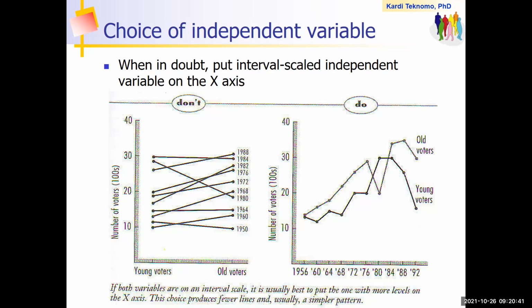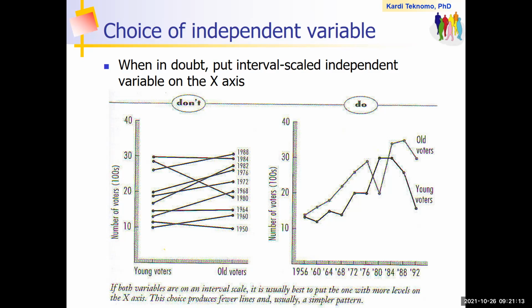The same thing here. When you are in doubt, put the interval scale independent variable on the x-axis. Look at the left side and the right side here. They are the same information. One is about young or old voter, and the other one is about the year, and the number of voters as the dependent variable.